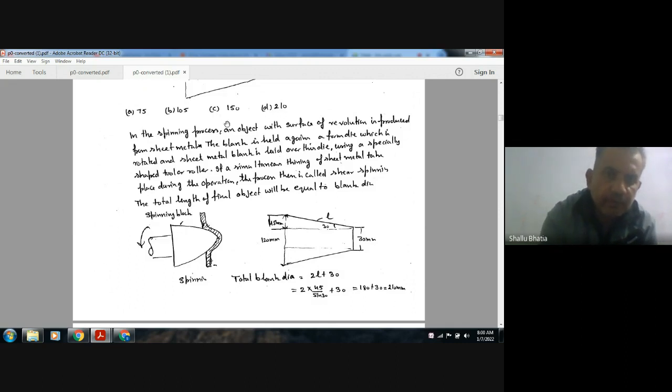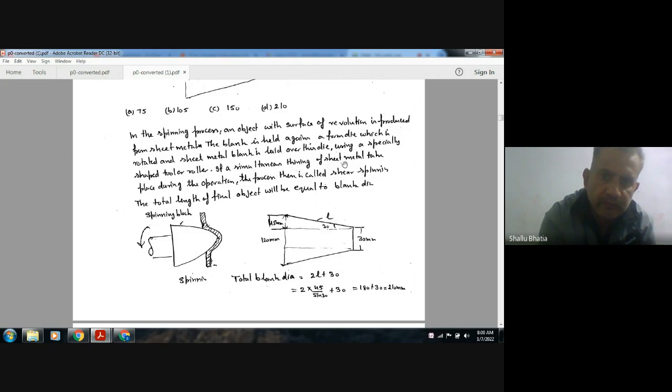Let me read out what I have written. In a spinning process, an object with surface of revolution is produced from a sheet metal. The sheet metal blank is held against a form die, which is rotated, and the blank is laid over the die using a specially shaped tool or holder.